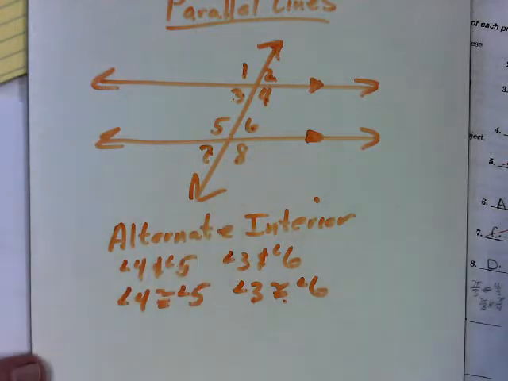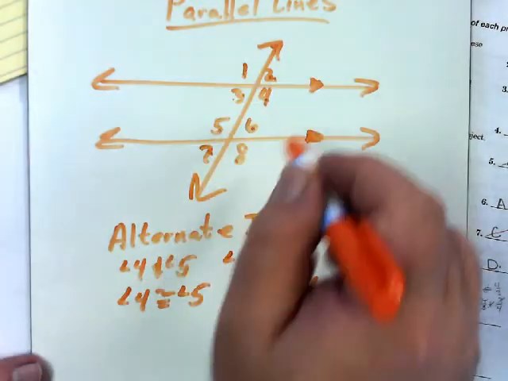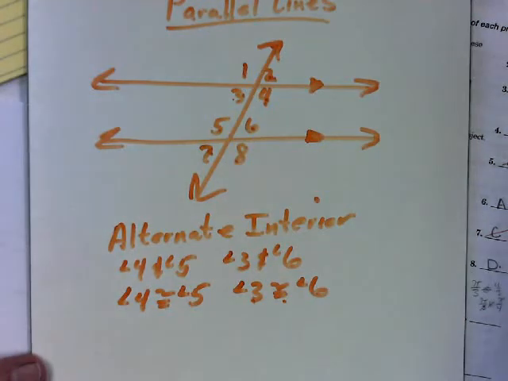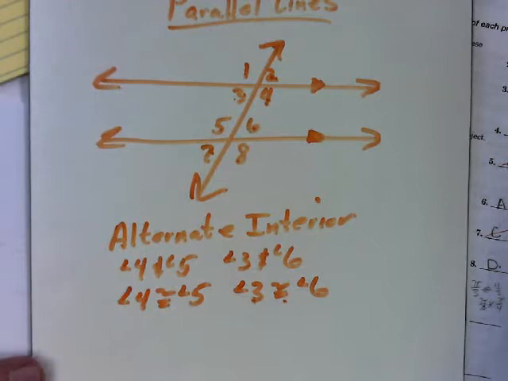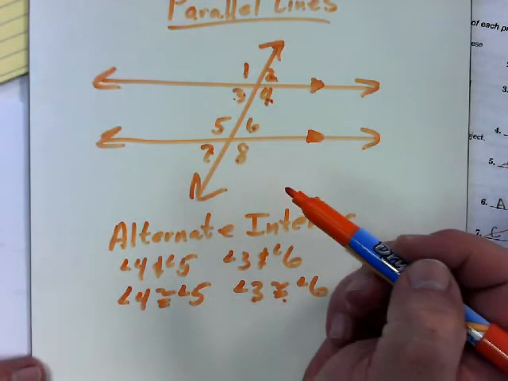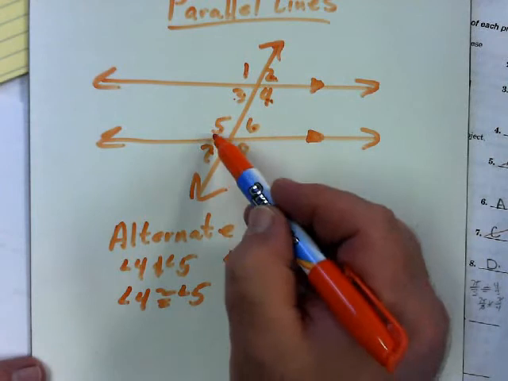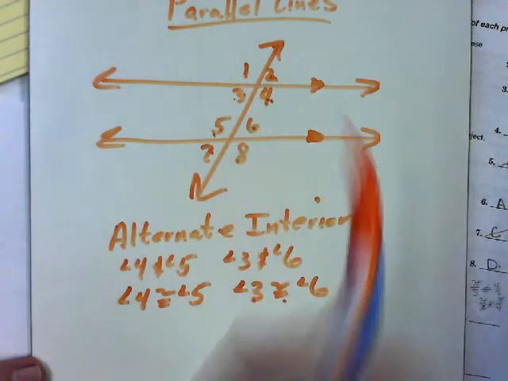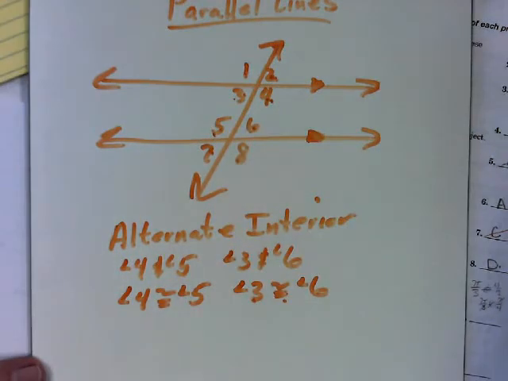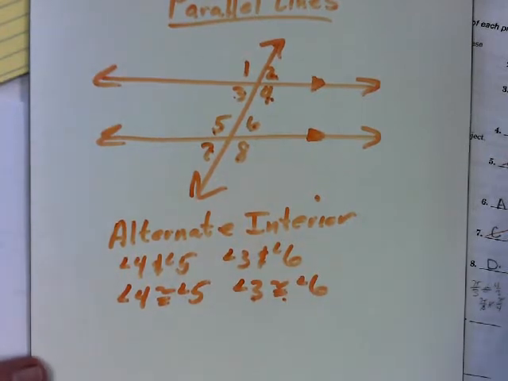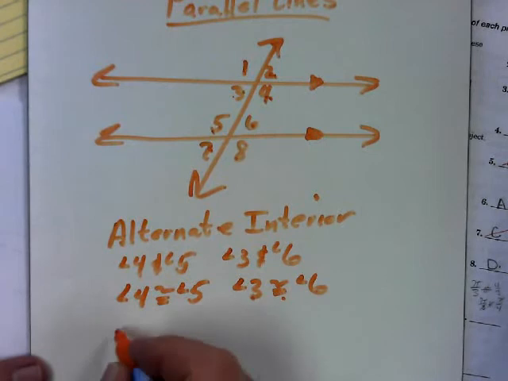Well, if this was 60, what's angle 4? 180 minus 60, right? So this would be 120, wouldn't it? And then I could find angle 5 because I just found angle 4, right? Okay, alternate interior angles are equal and congruent.